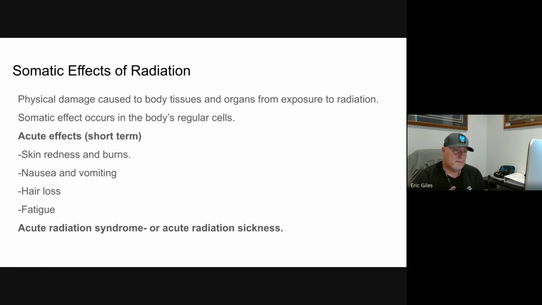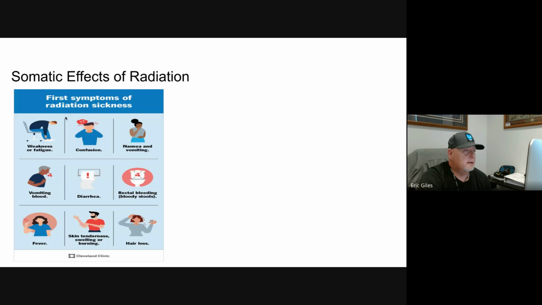I've seen cancer patients that have skin burns from the amount of radiation to a specific area, and it can make you sick, make you lose your hair, and cause some severe fatigue. Acute radiation syndrome, or acute radiation sickness, is pretty bad stuff. These are some of the symptoms: weakness and fatigue, confusion, nausea and vomiting, vomiting blood, diarrhea, rectal bleeding, fever, skin tenderness and swelling or burning, and hair loss.